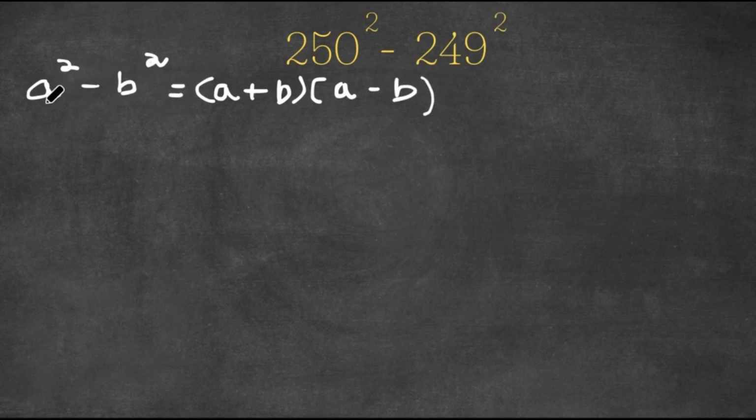So if you have any terms in the form a squared minus b squared, you can write them as a plus b times a minus b. So as you can see here, we have 250 squared minus 249 squared, and all we have to do is simply plug in these values and solve.